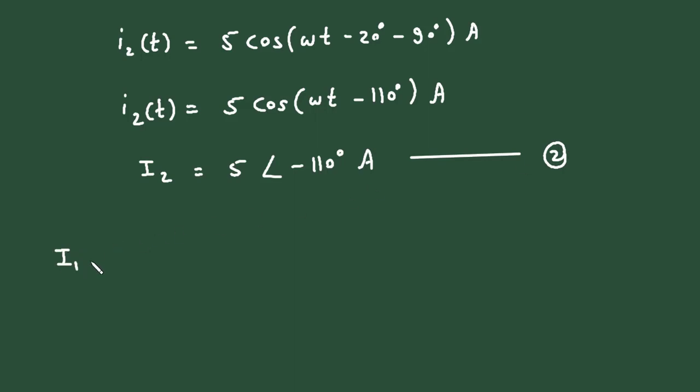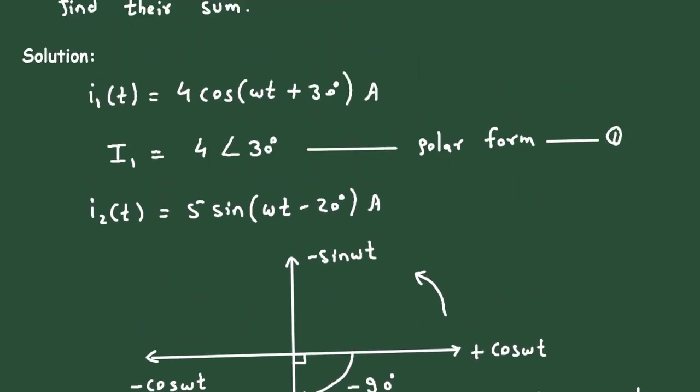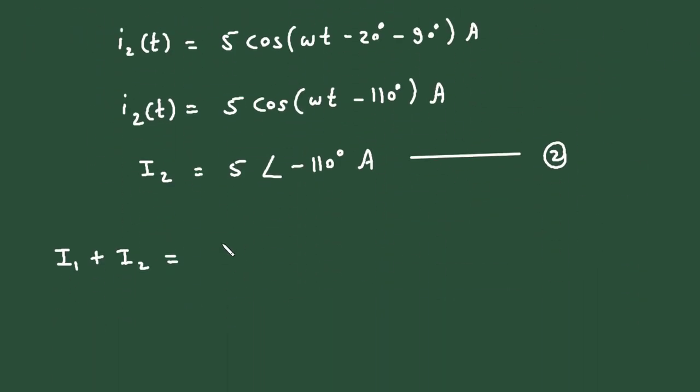Therefore I1 plus I2 is equal to 4 at an angle 30 degree plus 5 at an angle minus 110 degree.